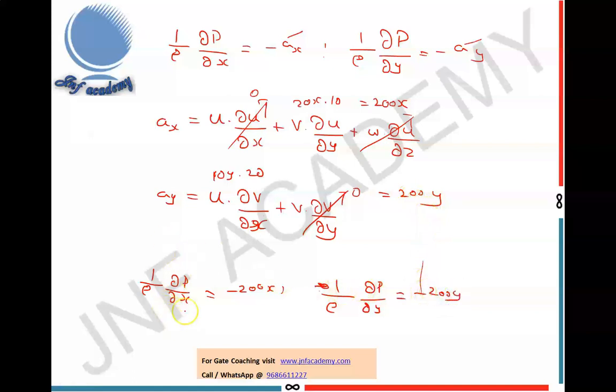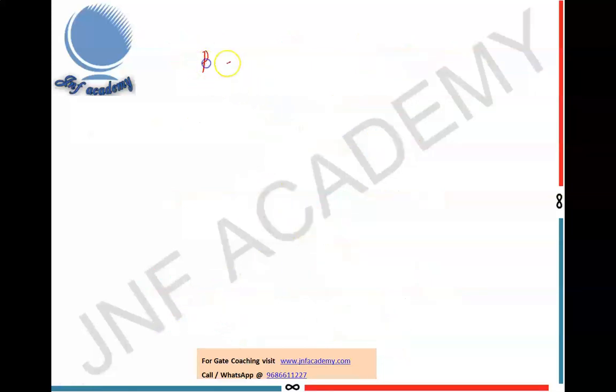So now let's integrate this to get p. p is equal to minus 200 x²/2. Similarly, if you integrate the other equation, you will get p is equal to minus 200 y²/2, plus c, you will also get a constant. If you add these two things, you'll get the entire p.